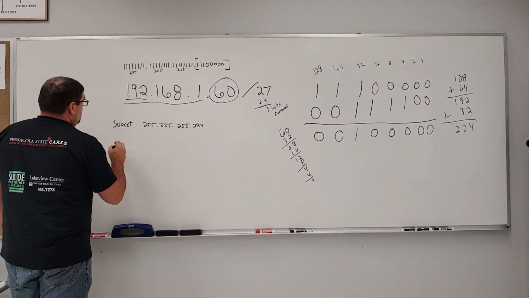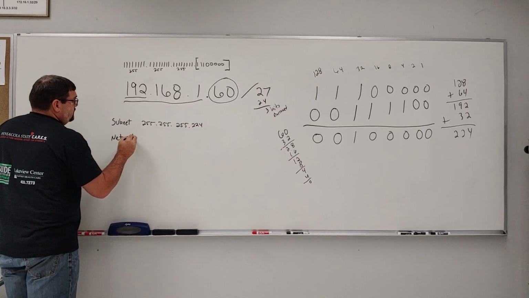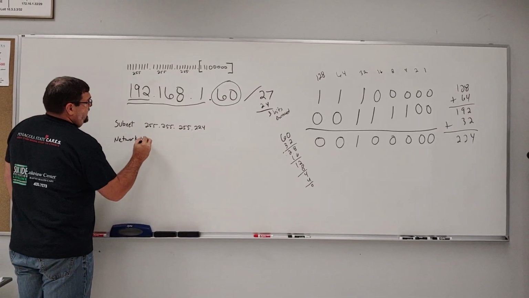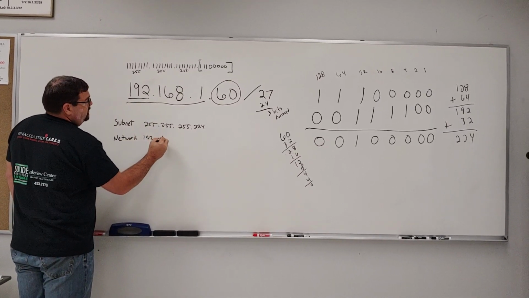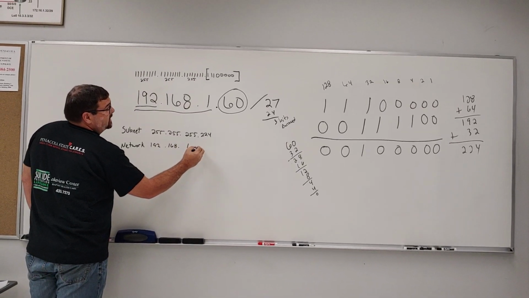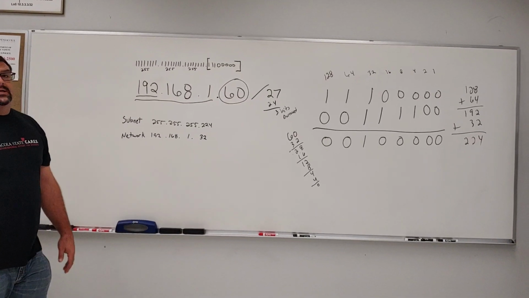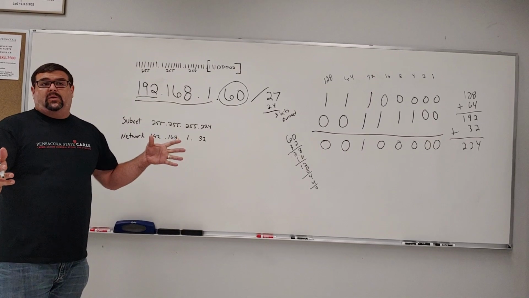So the network address that 60 resides in is 192.168.1.32. So now the question is, how would we see this in the brackets we've been doing to begin with?